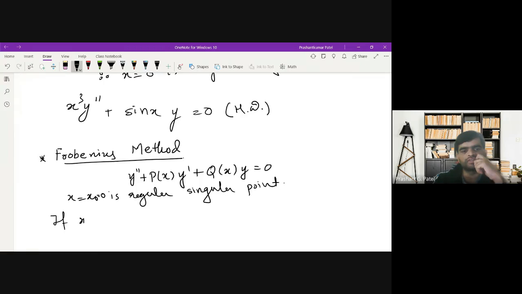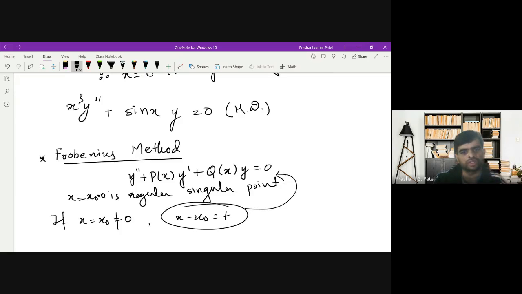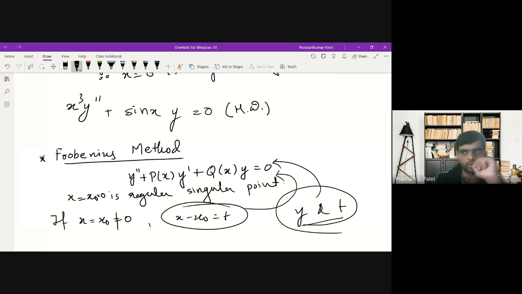Suppose 0 is not a regular singular point. Then what we can do is substitute x minus x0 equal to t into this differential equation and convert it into a new differential equation in terms of y and t. A solution of the converted equation is also a solution of the same differential equation.